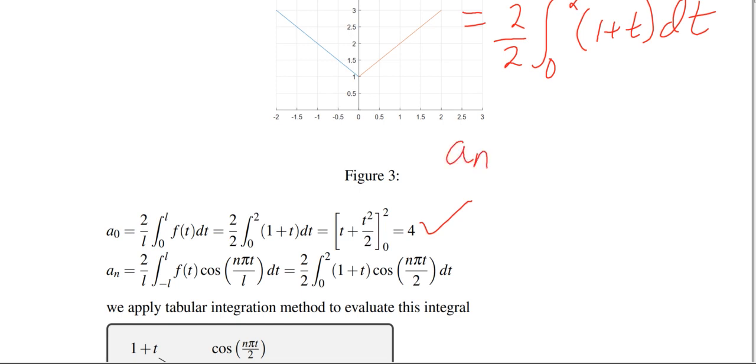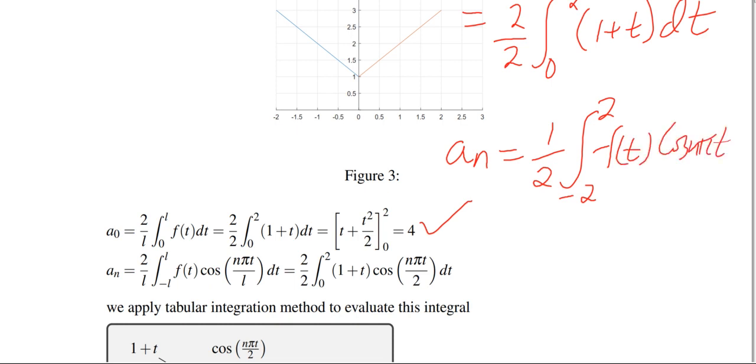Also, when we write An as 1 over L, integral from -2 to 2 of f of t cosine of n pi t all over L dt, again, we will not need to start from -2 here because we know that our function is even.